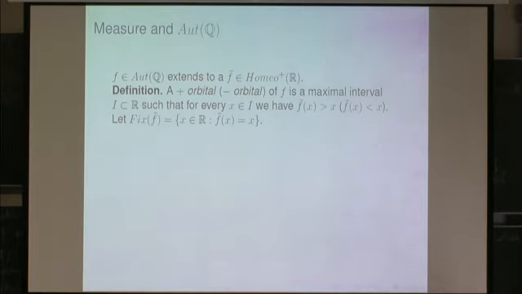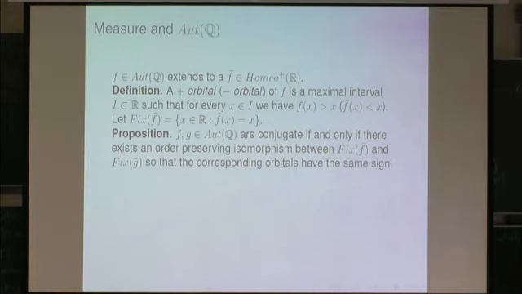So such an interval will be called an orbital, and if we go above this, that will be a plus orbital, and otherwise it will be a minus orbital. And it is not hard to show that F and G are conjugate if and only if there is an order-preserving isomorphism between the sets of fixed points of the extended maps, so that this isomorphism preserves the sign of the orbitals.